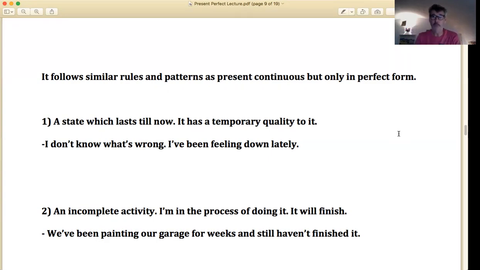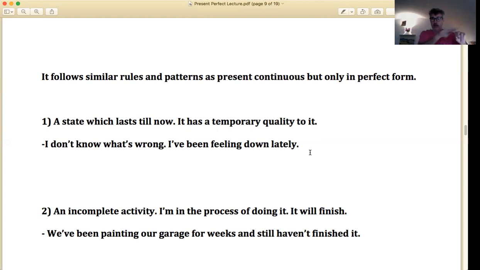This is present perfect continuous, and it's a state, it's active now, right? And it has this temporary quality, all right? Temporary. It's sort of like, I don't know what's wrong. I've been feeling down lately. So I started feeling down back here, and I feel down today, and I have been feeling down lately, and probably will tomorrow, and probably the next day.